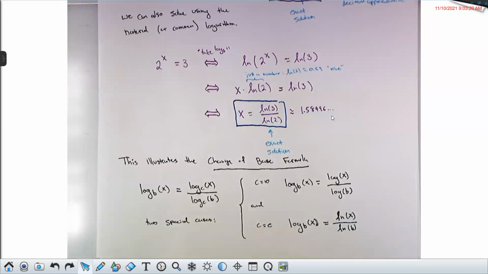All right, let's look at some more equations. I could ask you to solve 3 to the x plus 1 equals 7.